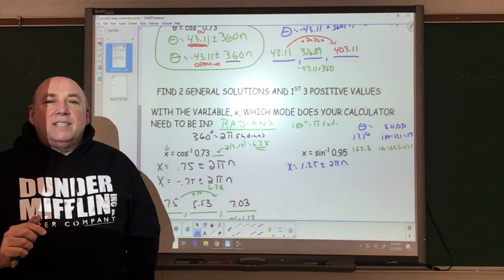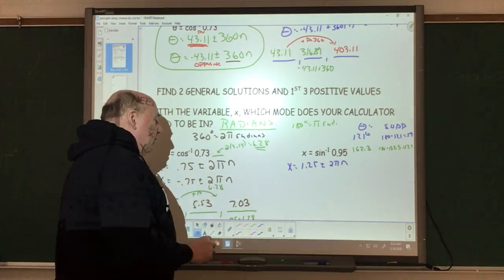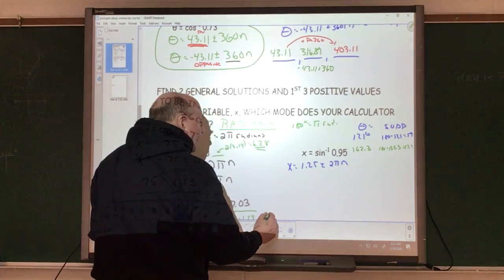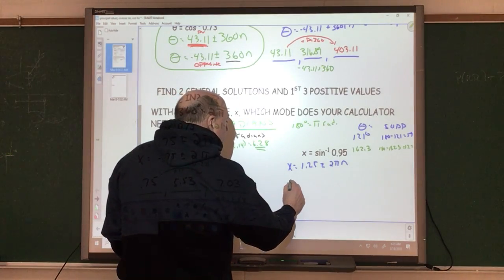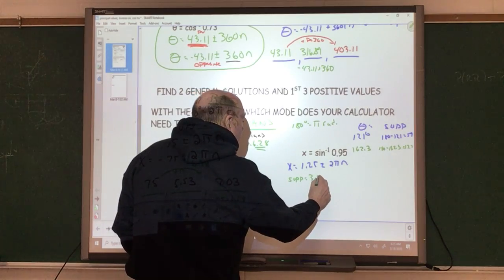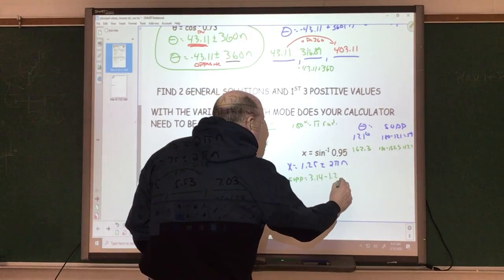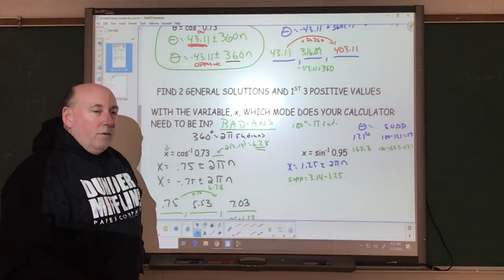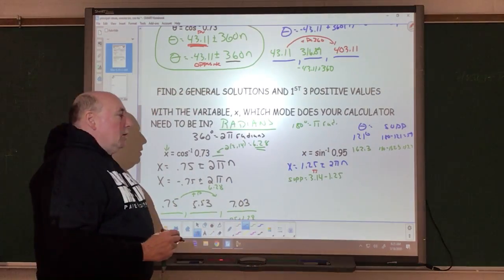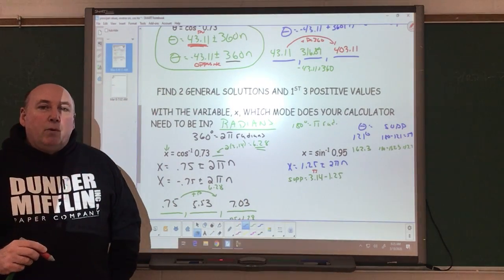So to find the supplement in a radian mode, we have to take our 3.14 minus 1.25, because this is our value of pi. So we have 3.14 minus 1.25.